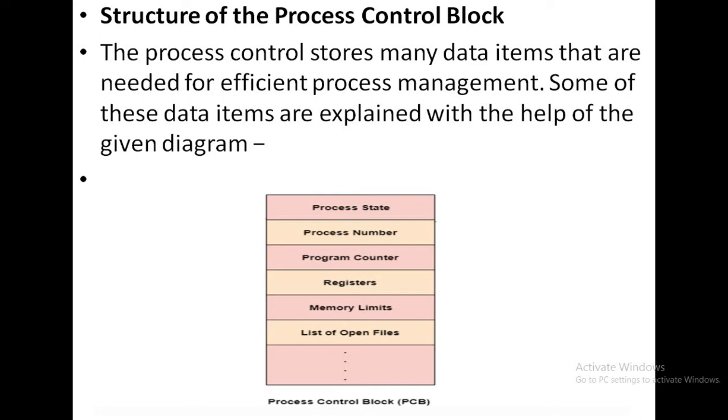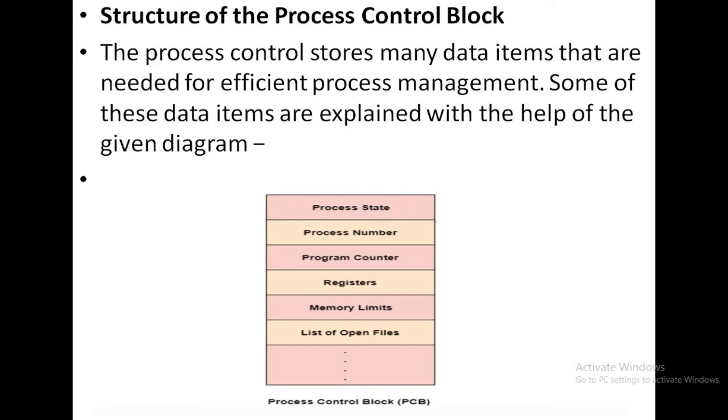So this is the diagram related to the process control block, or PCB. So what are the different data items? Number 1, process state; number 2, process number; number 3, program counter; number 4, registers; number 5, memory limits; and number 6, list of open files, and so on. Okay, so we are going to discuss them one by one.